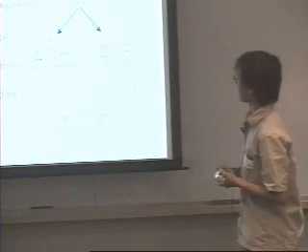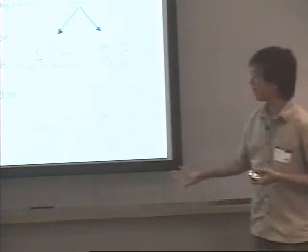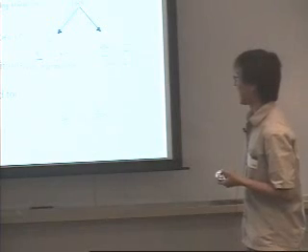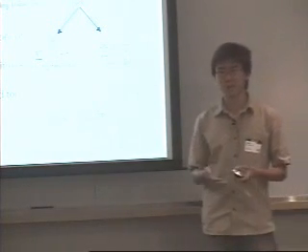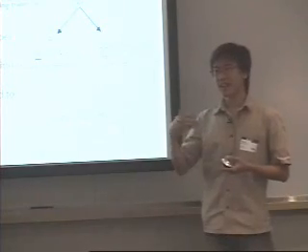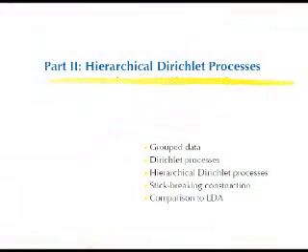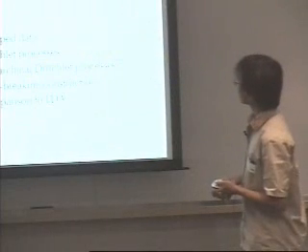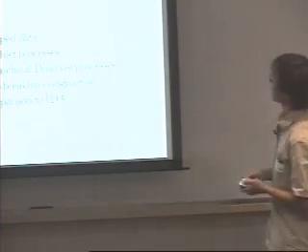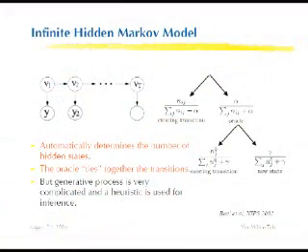So this generative process is very complicated. Because of this, they didn't propose an exact inference algorithm for this. Actually, they proposed a heuristic, a two-bit sampling. So I started working on hierarchical Dirichlet processes to solve the two problems that I just described.